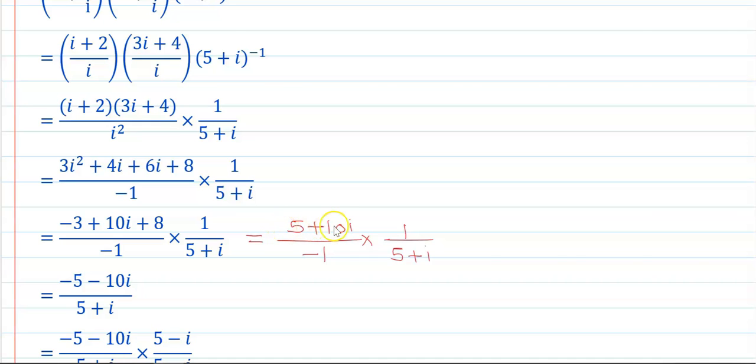That is (-5 - 10i) upon (5 + i). The denominator 5 + i stays as it is. Or you can write (-5 - 10i) into 1 upon (5 + i). This multiplication is (-5 - 10i) upon (5 + i).